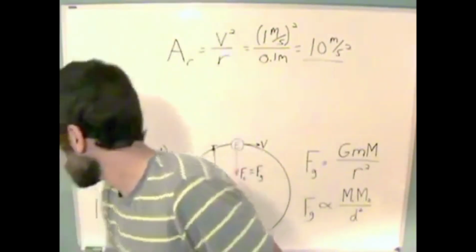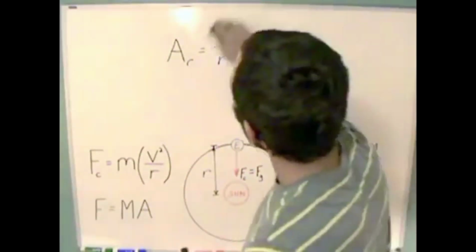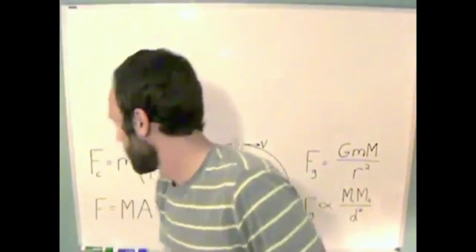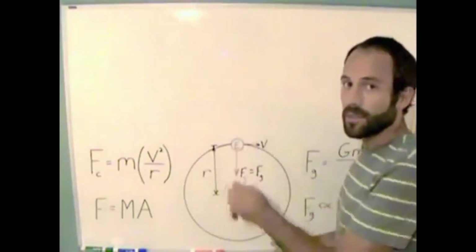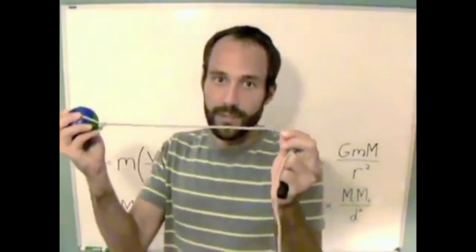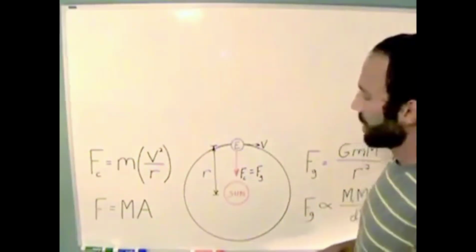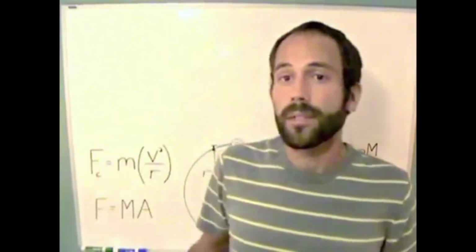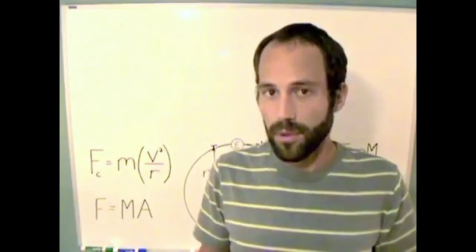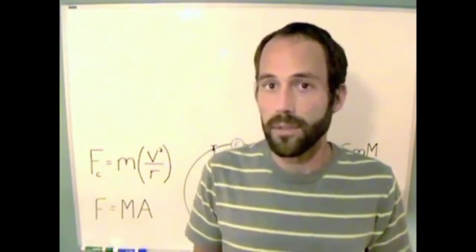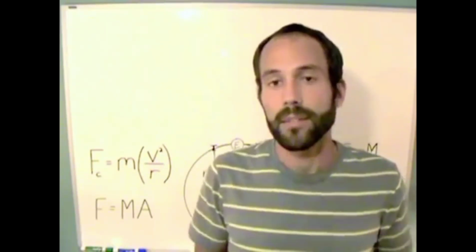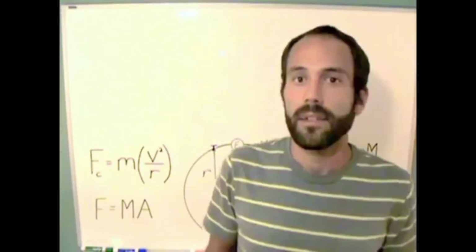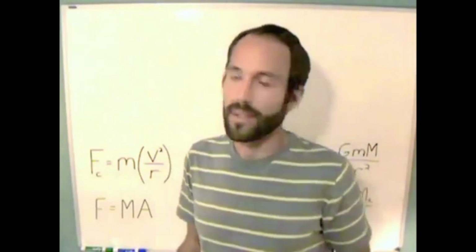However, in this case, the acceleration is considered to be acting towards the center of the circle, or towards where the tension in the string is for the spinning ball. If you remember in episode 2, I said that acceleration is any change of velocity. Since velocity has both a rate, as in miles per hour, kilometers per hour, meters per second, and a direction, if the rate remains constant but the direction changes, it is said to be constantly accelerating.